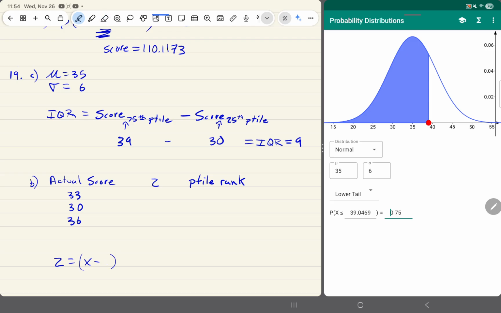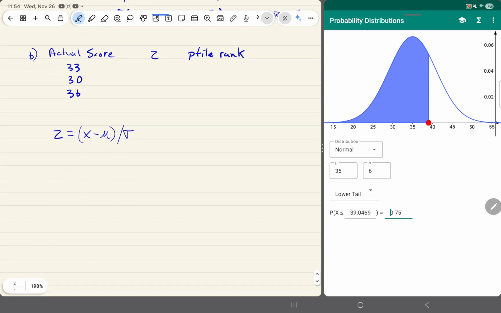In this case, it's a population mean because he's not sampling, and divided by the standard deviation, sigma. All right, so the first one, we're going to have 33 minus the mean value of 35, divided by the standard deviation of 6. So that's negative 2 over 6, and that's negative 1/3, or negative 0.33.